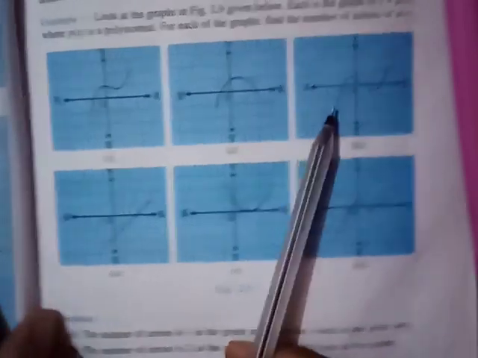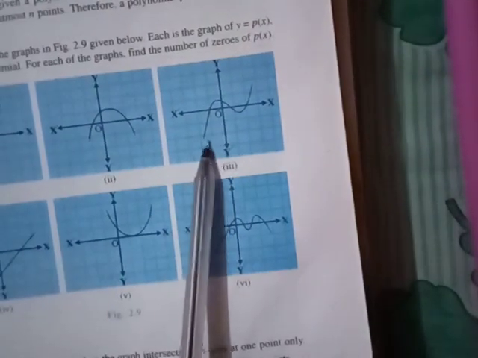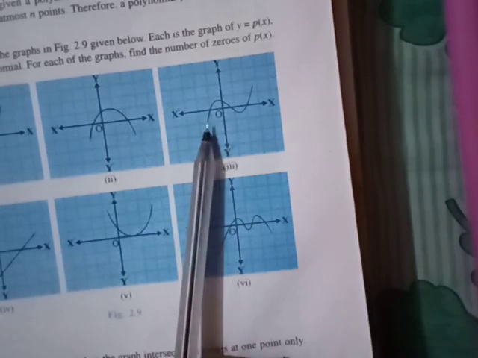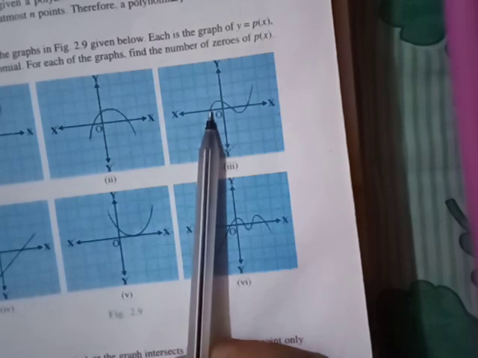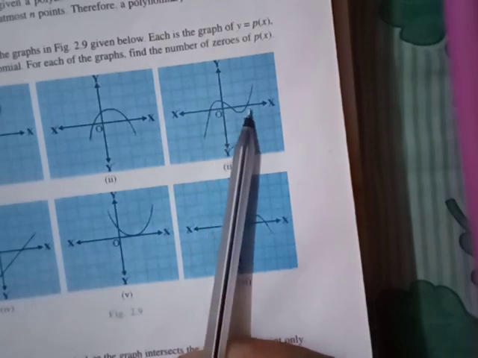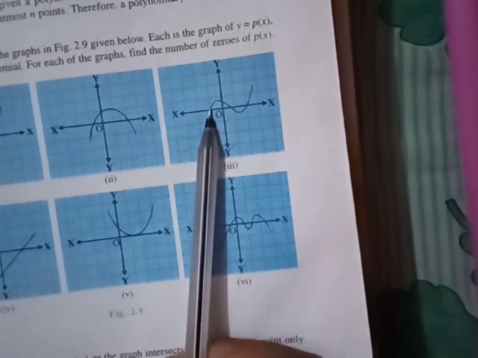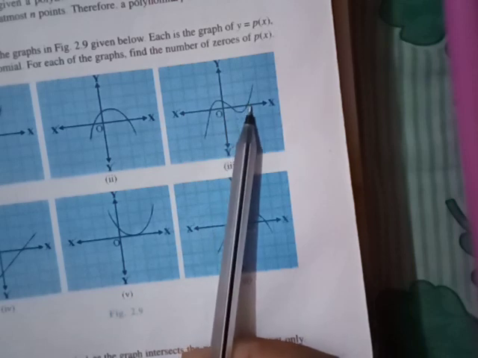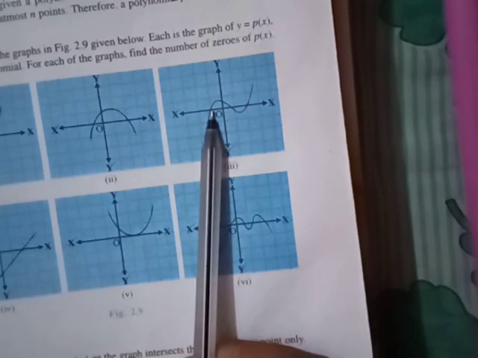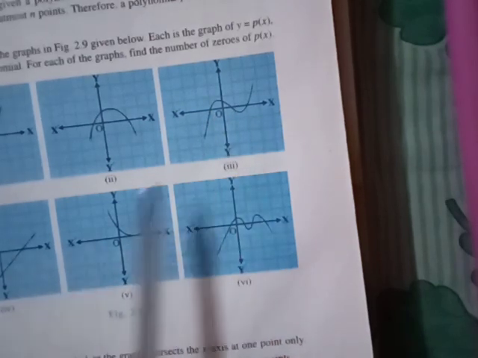In this graph, this curve cuts the x-axis at 1 point, second point and third point. First it starts from here, it goes and cuts, again it comes and cuts, again it goes and cuts. So it cuts the x-axis at 3 points, 1, 2 and 3. So number of zeros is 3 for this polynomial.